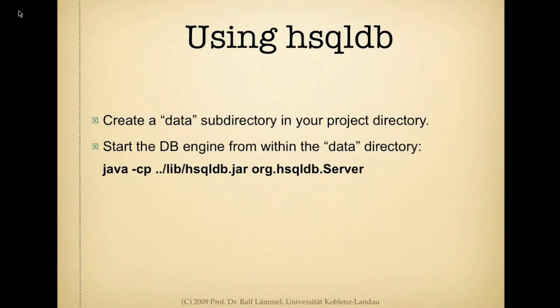The server is part of the HyperSQL DB jar, and as you see here in this command line, there's a certain class you need to invoke. Then you just keep the database engine running. So we can now start our Hibernate application as many times as we wish, and the server just keeps running.